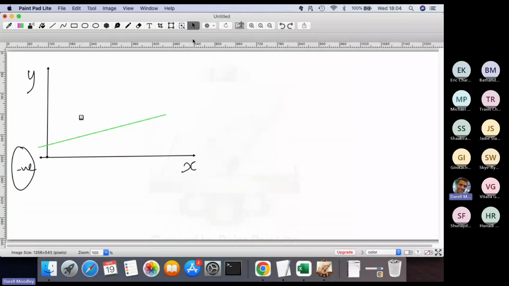Oops, sorry. The next line, a different color. Red. There we go.